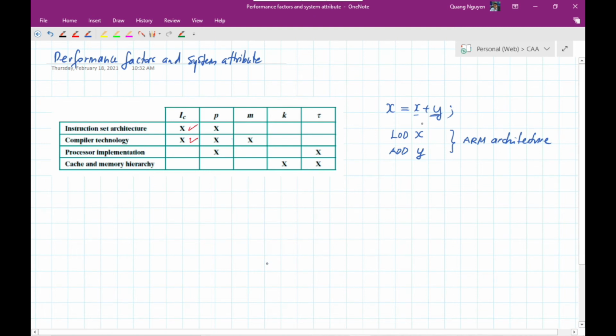Load X means X will be loaded into AC. AC means accumulator.